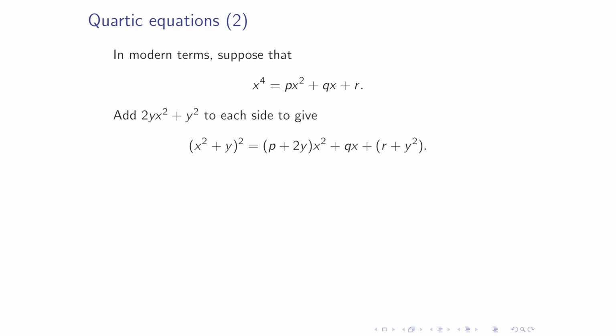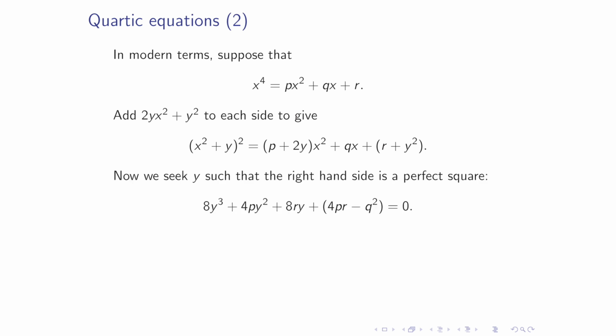So what condition do we need on the right-hand side for that to be a perfect square? Well, we need the sort of b squared equals 4ac in the quadratic formula. And so if you investigate when that will happen, you find that it will happen precisely when y satisfies this equation, which quite clearly is a cubic. So we started out trying to solve a quartic, and we've reduced it to a cubic.